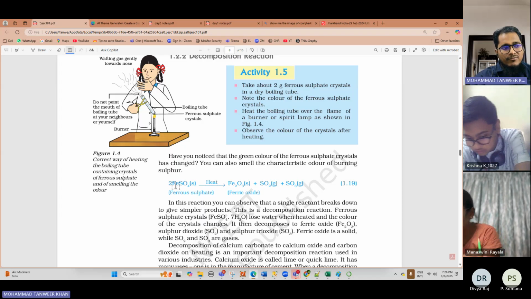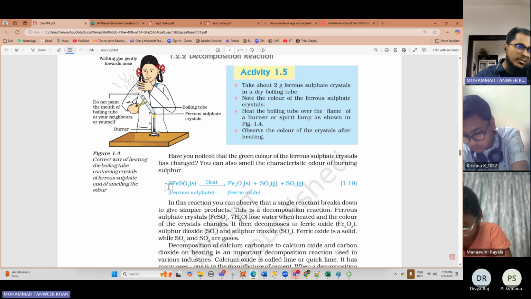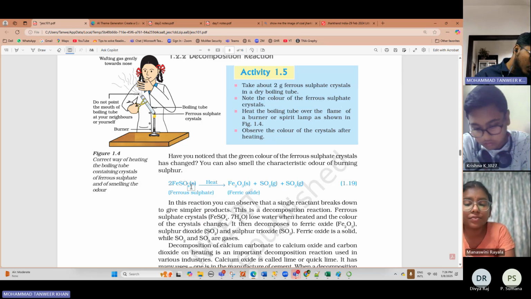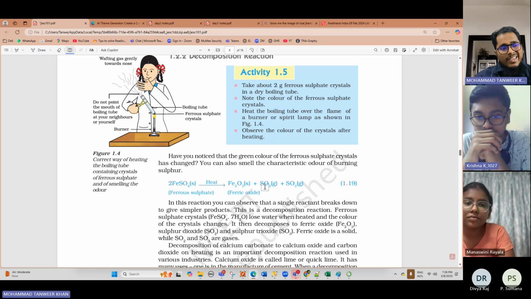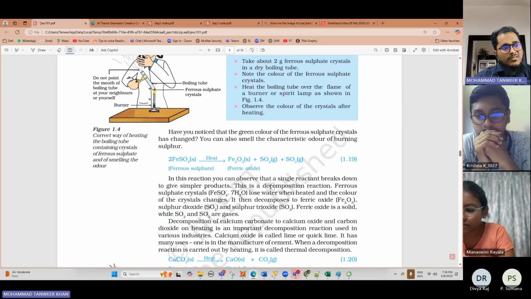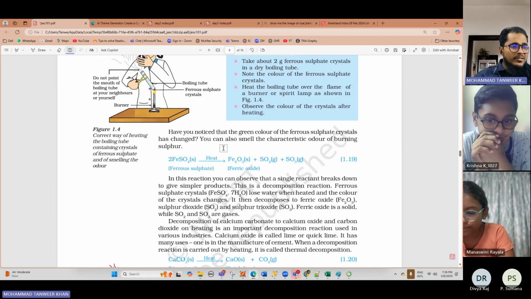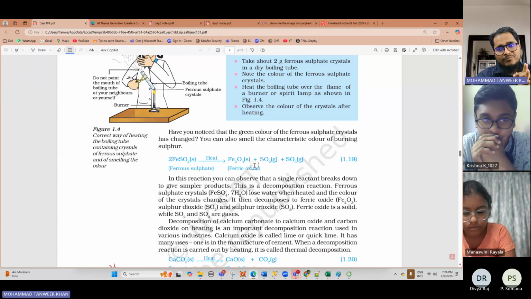FeSO4 is ferrous sulfate. When you apply heat to it, you get Fe2O3, ferric oxide, plus SO2, sulfur dioxide, plus SO3, sulfur trioxide. Hope this is clear.